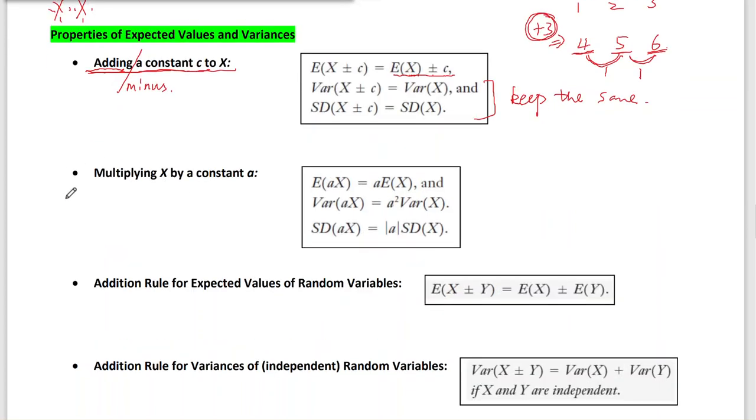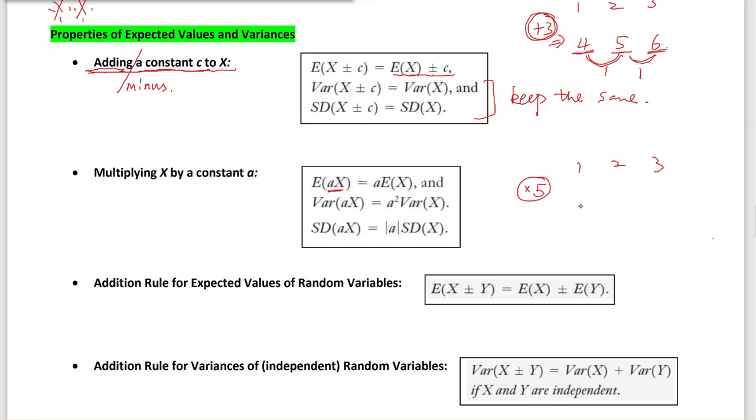What about multiplying? If I multiply x by a constant a, so that I have a times x. For example, I still have 1, 2, 3. Now I multiply each outcome by 5.